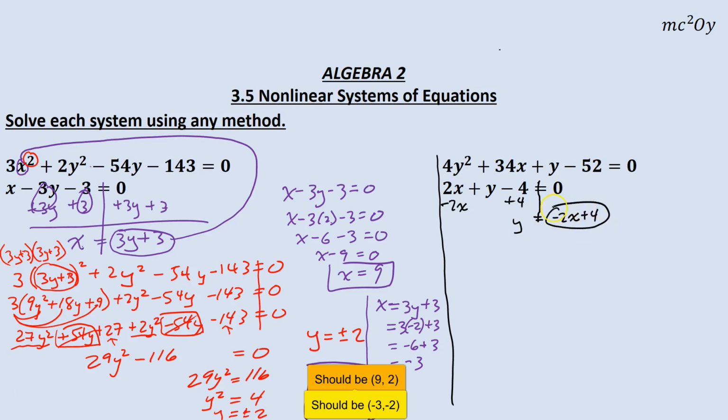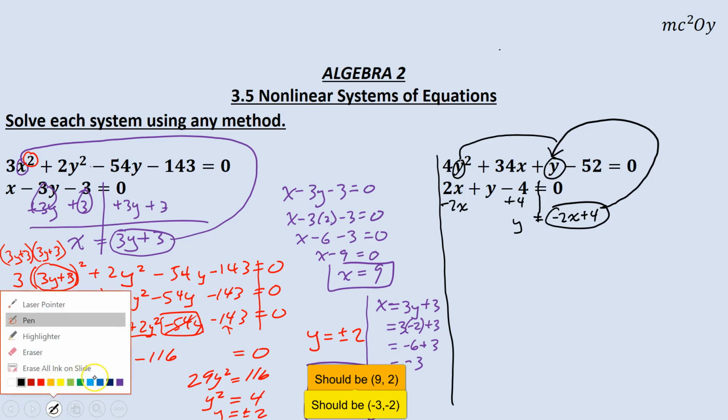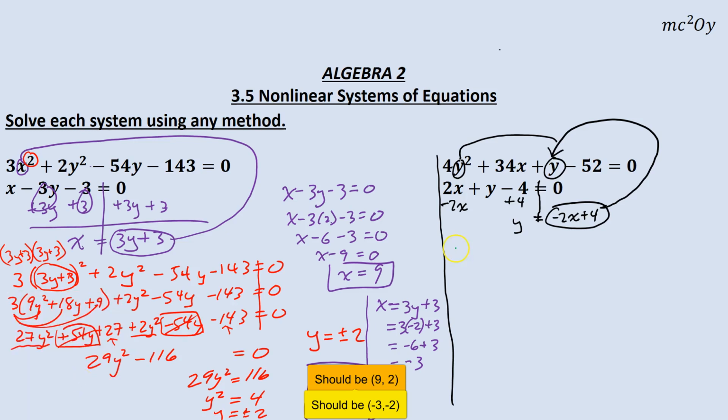And that means I can take what y is equal to and put it in for y here, and put it in for y here. Let me switch up some colors. So in my top equation, I'd have 4 times y, negative 2x plus 4, squared. Don't forget that squared.